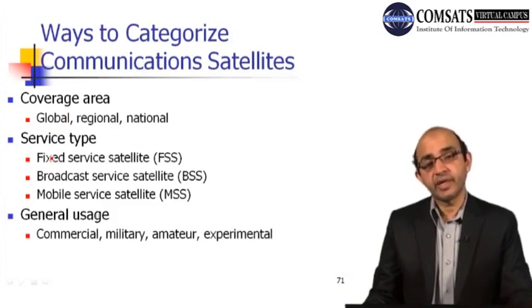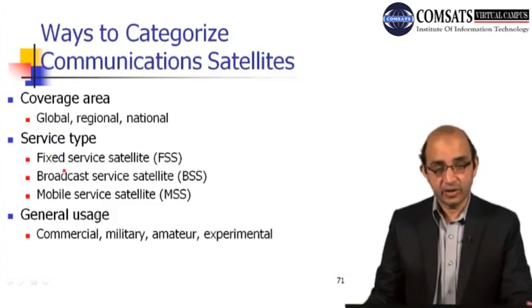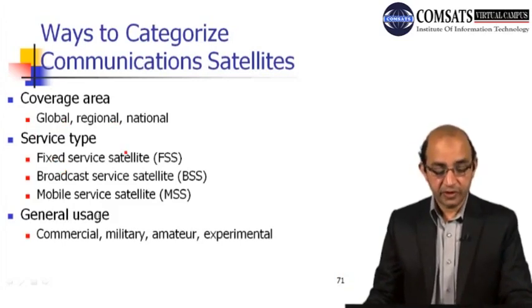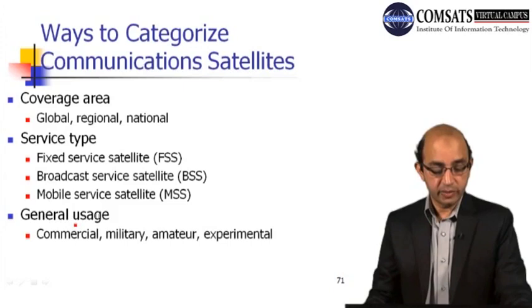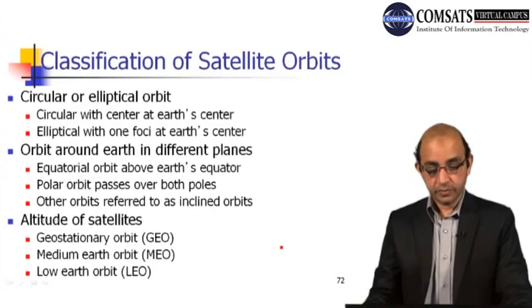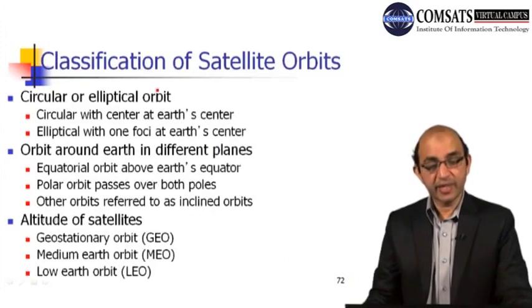Then we can also categorize satellites on the basis of the services they offer: fixed service satellites, broadcast service satellites, and mobile service satellites. And then we can establish more categories on the basis of general usage: commercial, military, amateur and experimental.